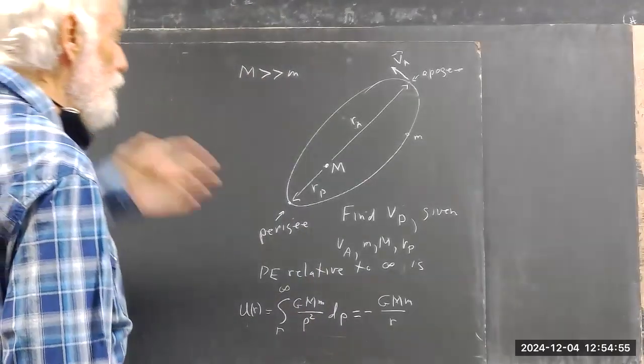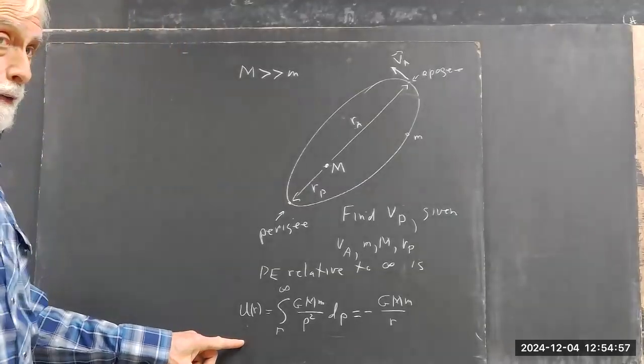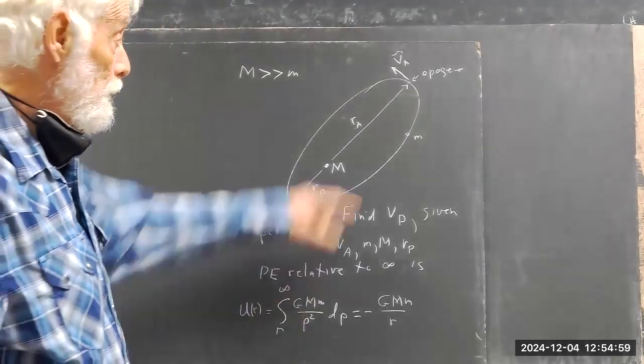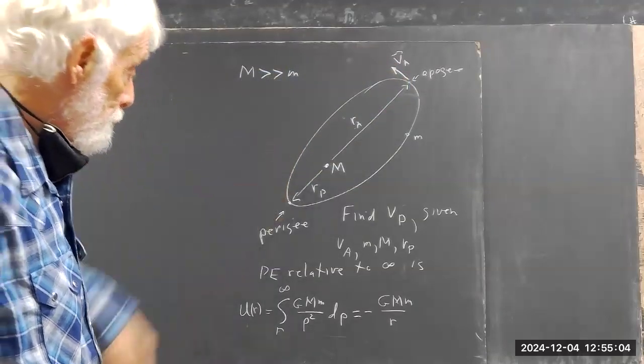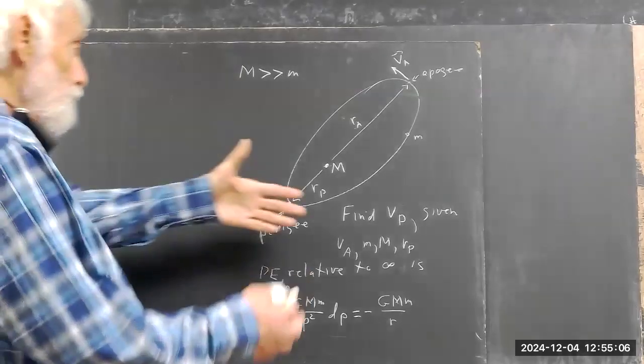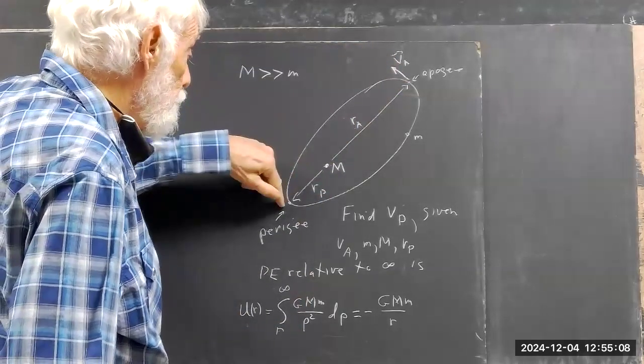Now, how are you going to use the potential energy function, given the velocity at apogee, to find the velocity at perigee? Well, we evaluate the potential energy function here and here.